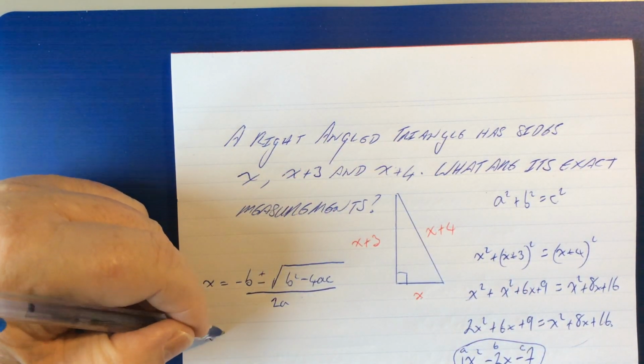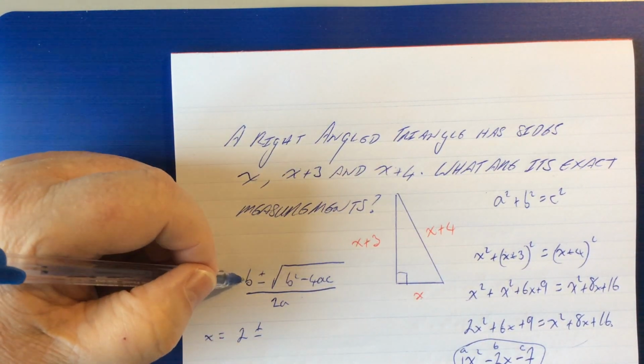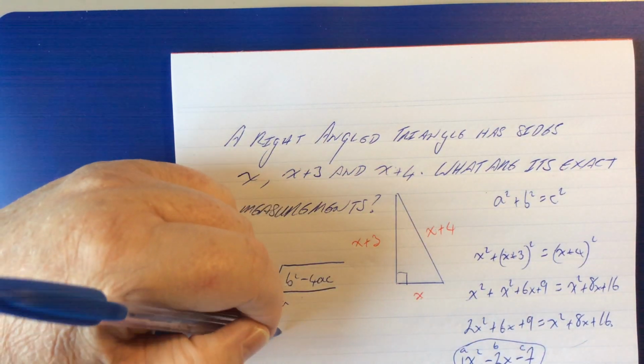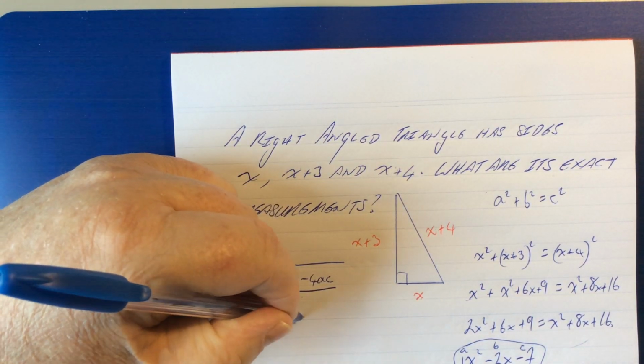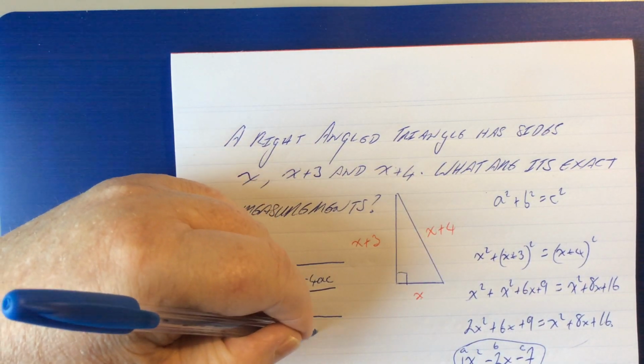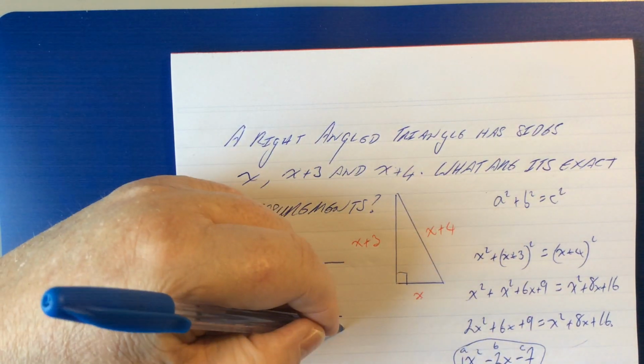So x is equal to 2 plus or minus, so negative b is positive 2, plus or minus the square root of b squared. B squared is 4, minus 4 times 1 times negative 7, all over 2.